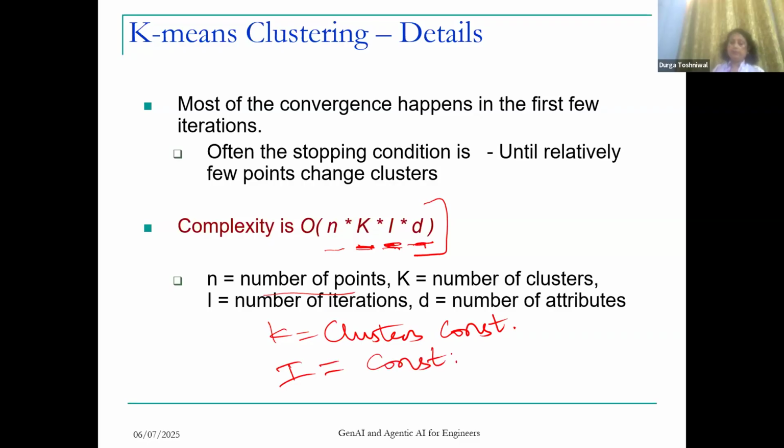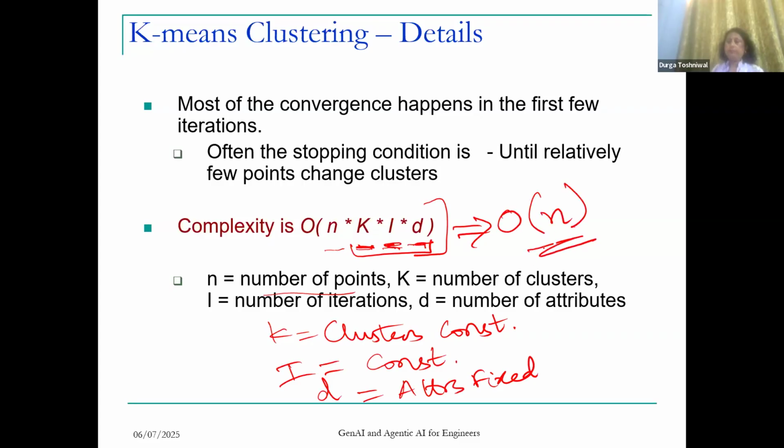The number of attributes obviously is also fixed. Therefore, the order of time is dependent on the number of points. So this algorithm, though it looks very compute intensive, is much less compute intensive as compared to other algorithms. And that's why it is a very, very popular clustering algorithm.